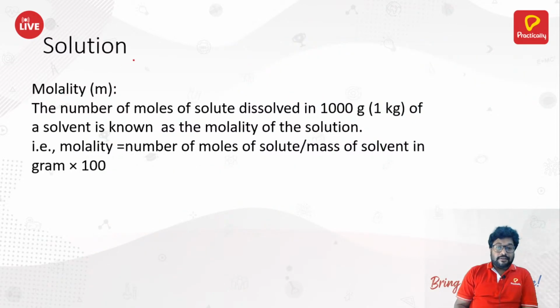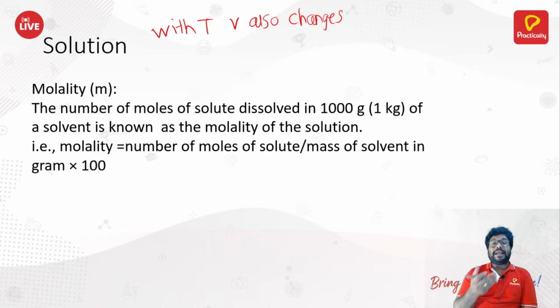Now we know that with temperature, volume also changes. That means if the temperature changes, the molarity of the substance does change. Because if you increase the temperature, the volume will also increase.